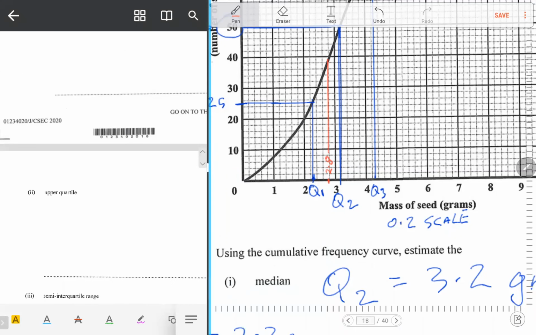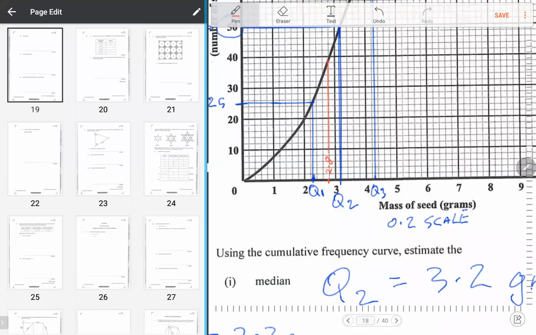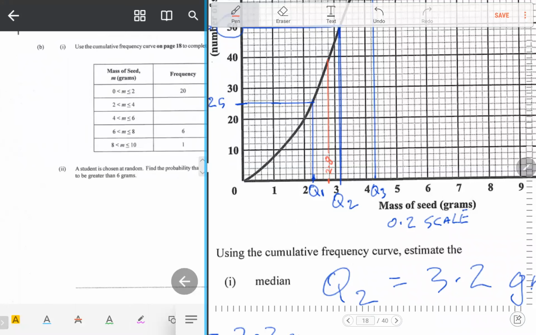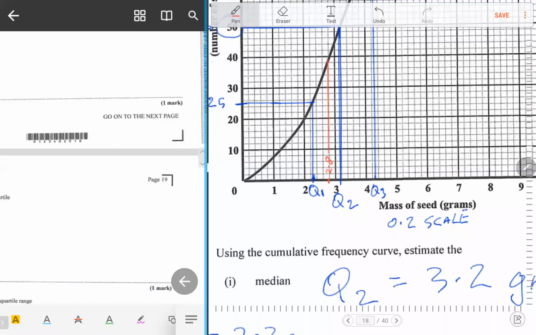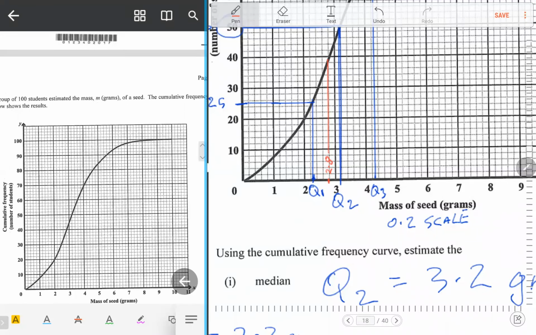All right, it looks like around this one. Oh Lord, making a mess. All right, so 2.8 looks like about right here.